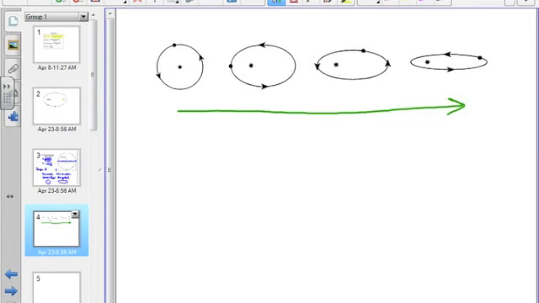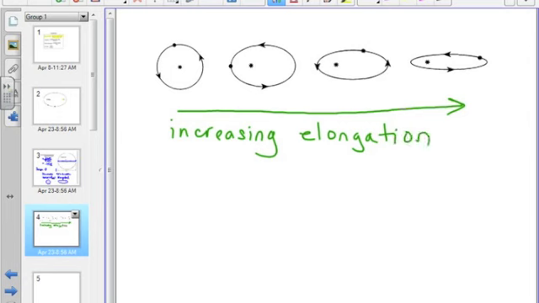So I guess we could describe, as we go to the right, increasing elongation of the ellipse. Going along with that, in terms of calculated value, that would also mean increasing eccentricity values.